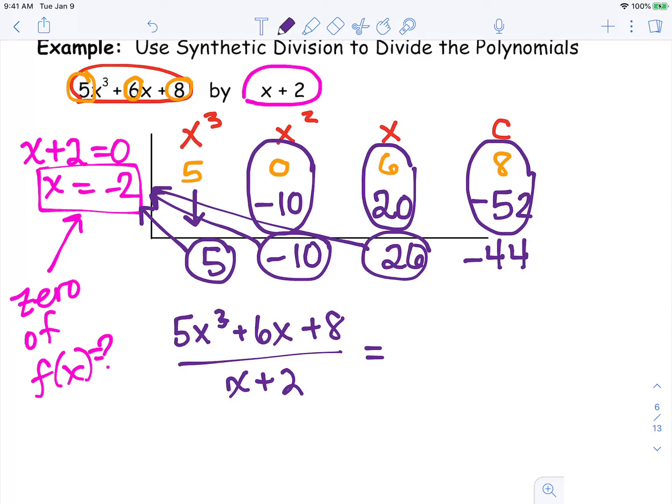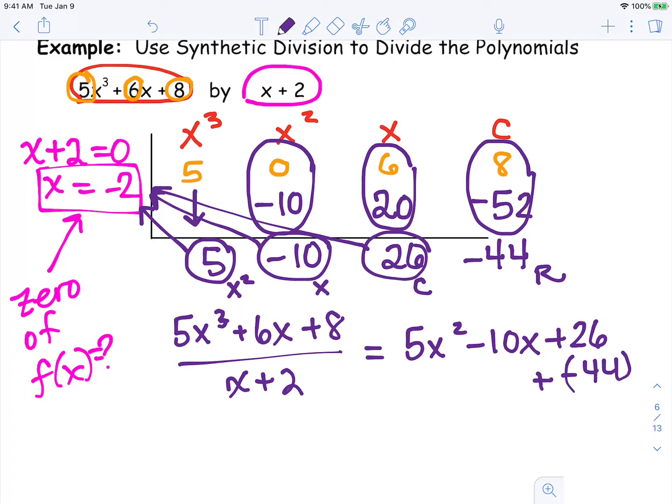So we are going to drop a degree. So this is my x squared, my x, my constant, and my remainder. So what I'm left with is 5x squared minus 10x plus 26, and then a remainder of -44.